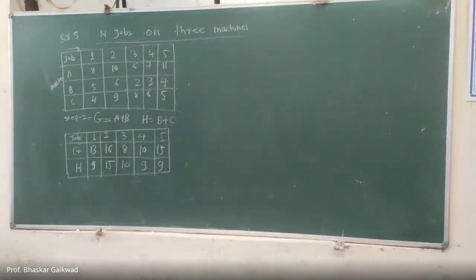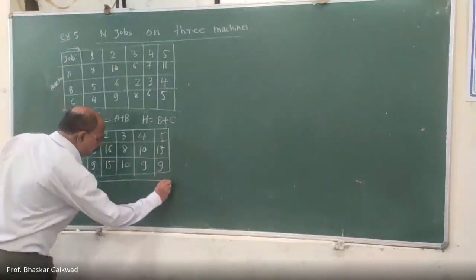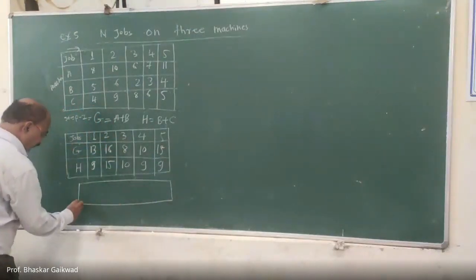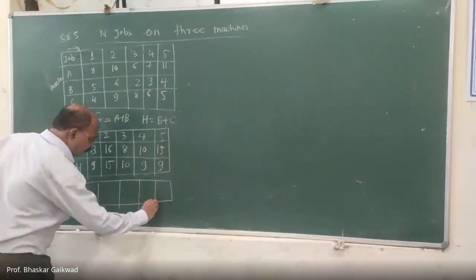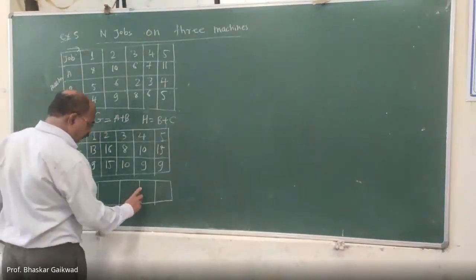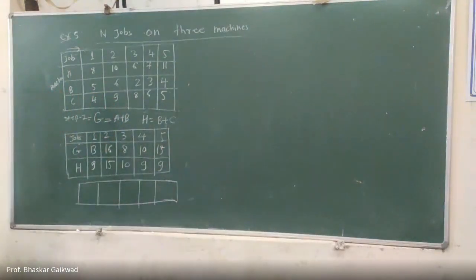Now after this, you can make the sequence. How many jobs are there? 5 jobs are there. 1, 2, 3, 4, 5, like this. Okay.